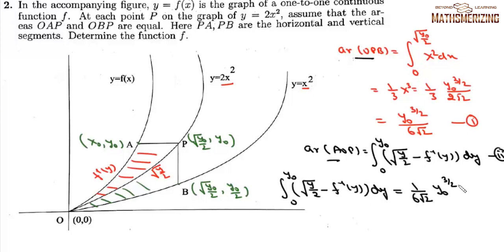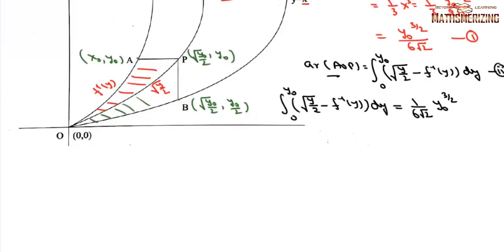Now what we'll do is we'll differentiate both sides with respect to y naught. So we differentiate it, we can write square root of y naught by root 2 minus f inverse of y naught will be equal to 1 upon 6 root 2 times 3 by 2 into square root of y naught.